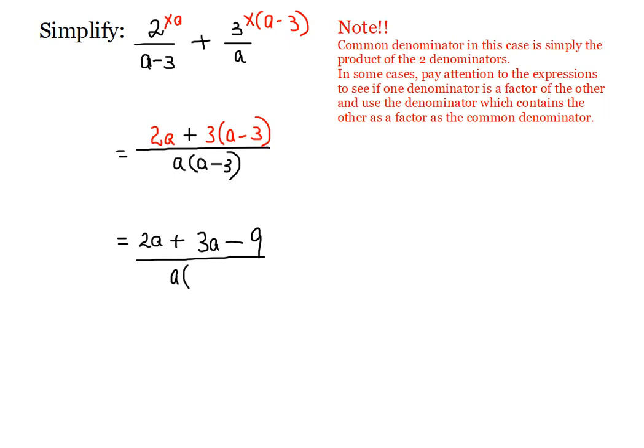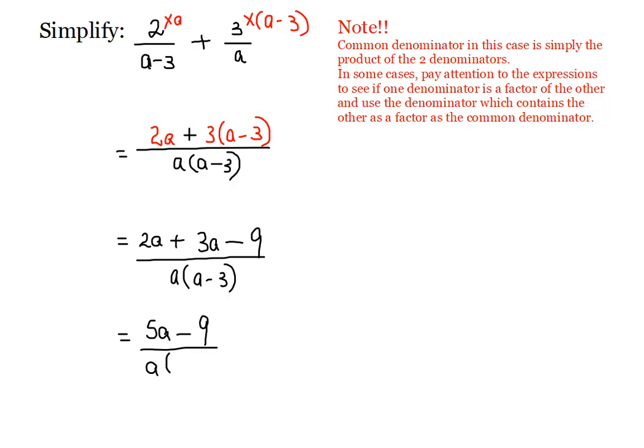So after this, I'm just going to see if I have any like terms to regroup. I'm going to put them together and simplify them, and 2a and 3a are already written close by. So 2a plus 3a is going to give me 5a. I don't have any other constants, so I just write 5a minus 9. And I can leave my numerator as 5a minus 9.